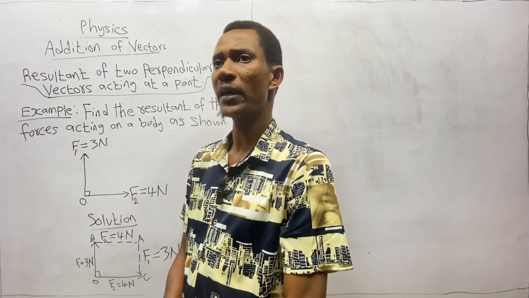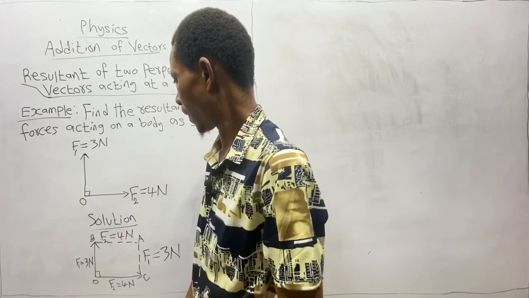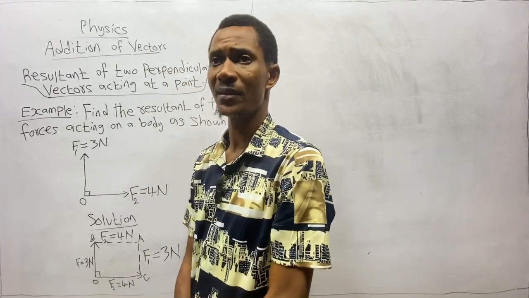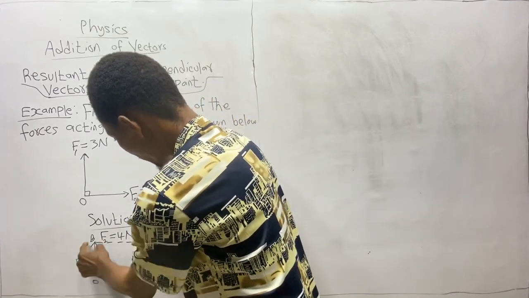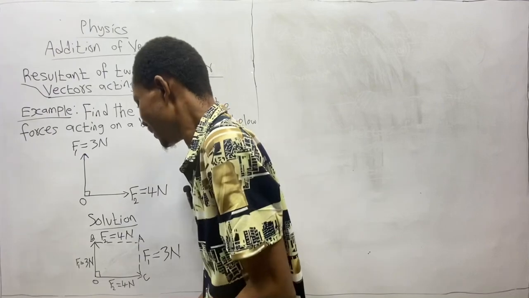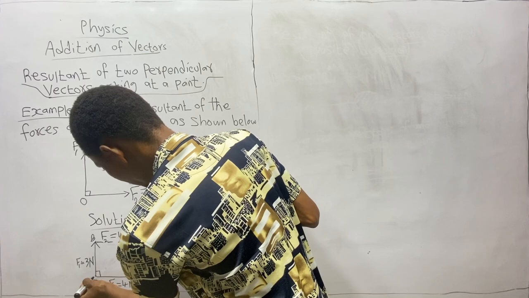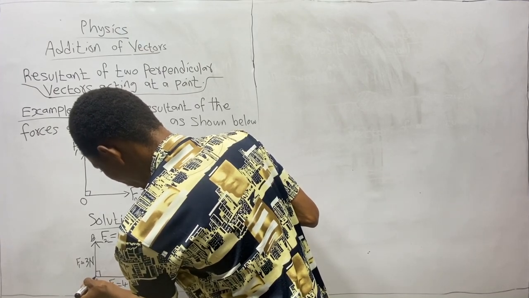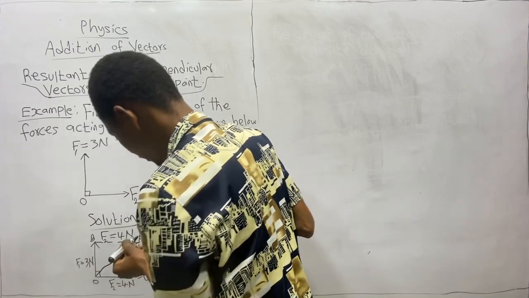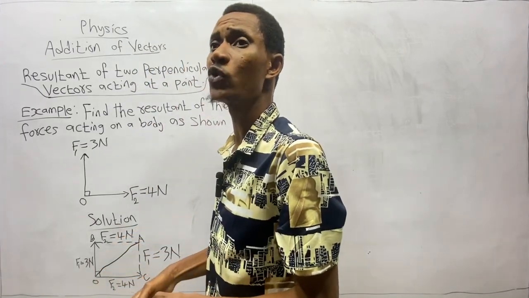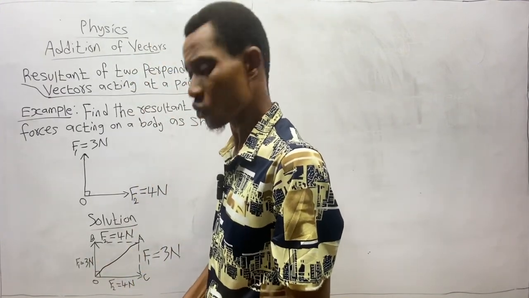The parallelogram law of vectors states that if two vectors are represented in magnitude and direction by the adjacent sides of a parallelogram, the diagonal drawn from their point of intersection, which is this place, represents the resultant vector of the two vectors in magnitude and direction.